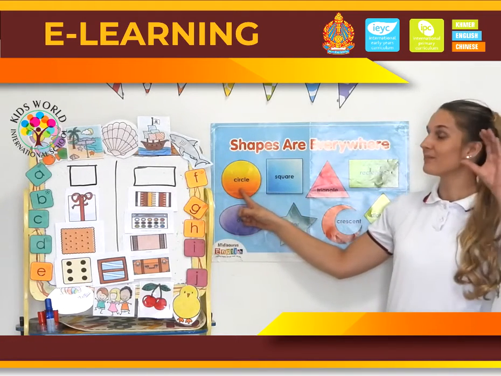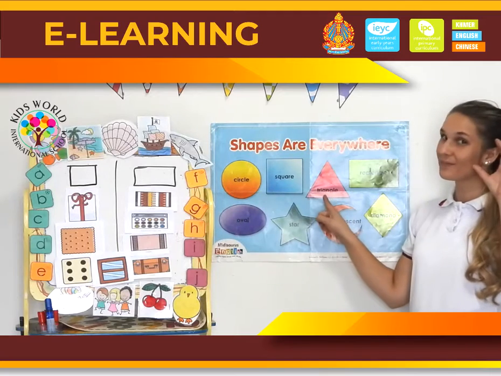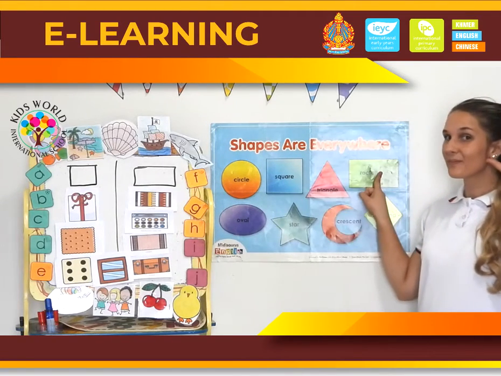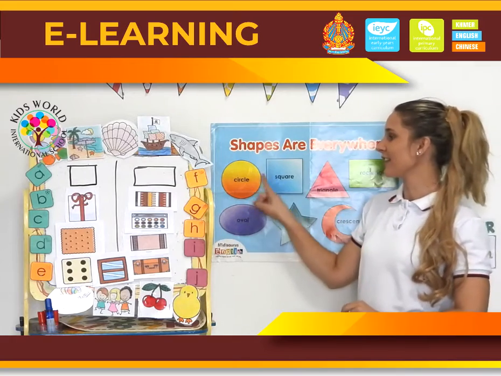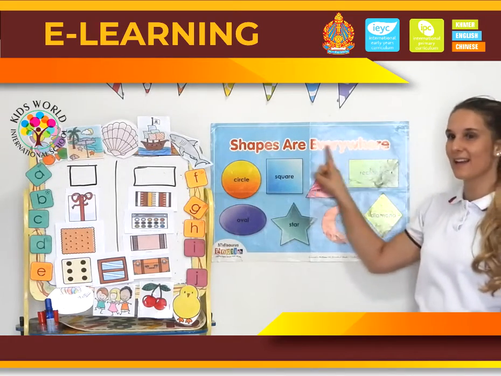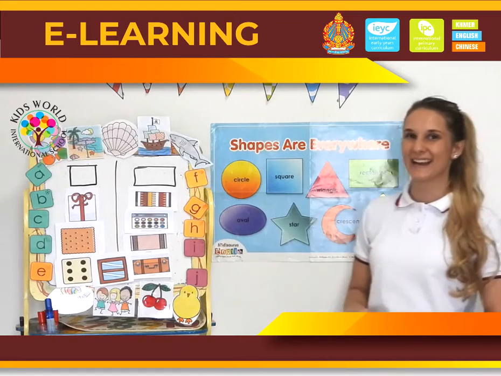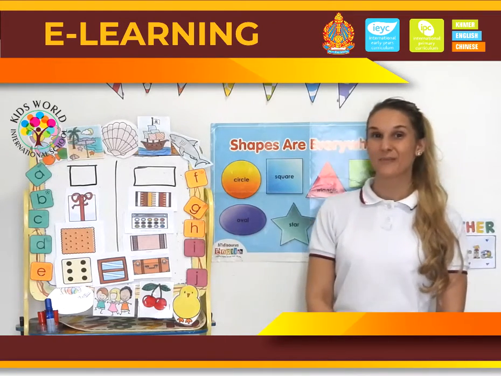You try. Good job. Very good. Circle, square, triangle, rectangle. Circle, square, triangle, rectangle. Very good, everybody.